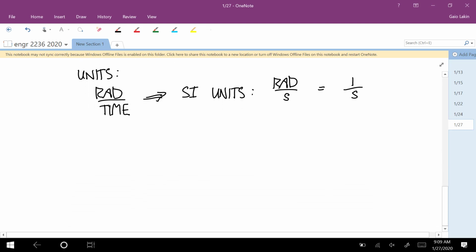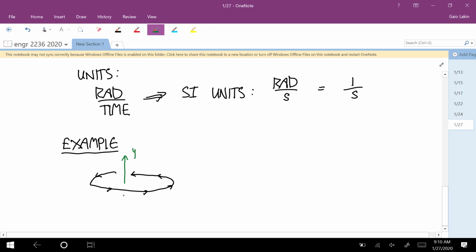Okay, so let's think about how this works. So let's say we have an object moving in a circular path like this. And let's say that's in a coordinate system where the y-axis points that way, the x-axis points that way, and z is sort of out towards us.